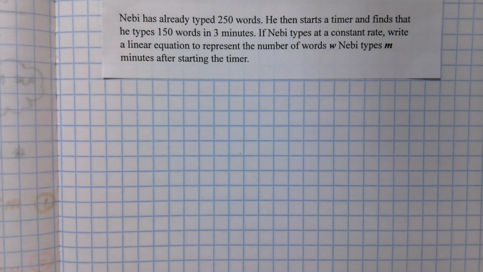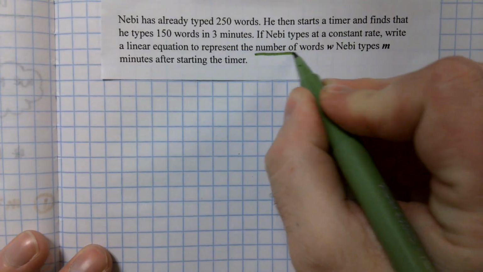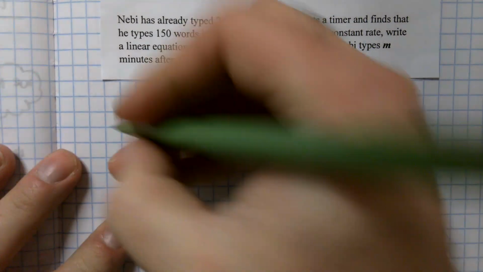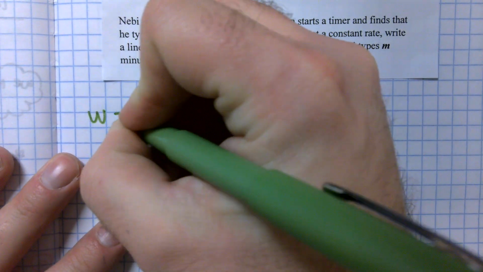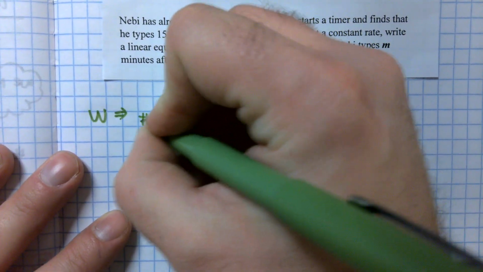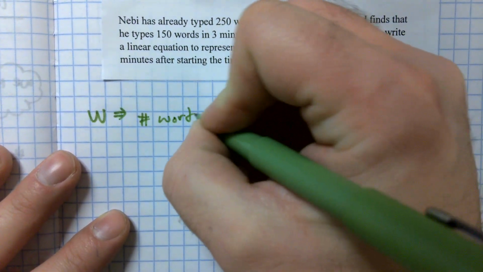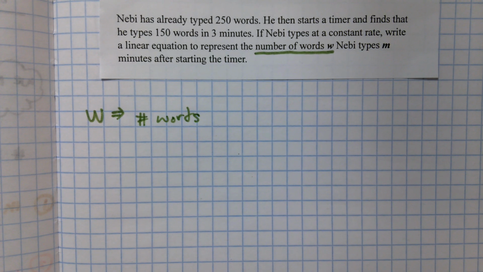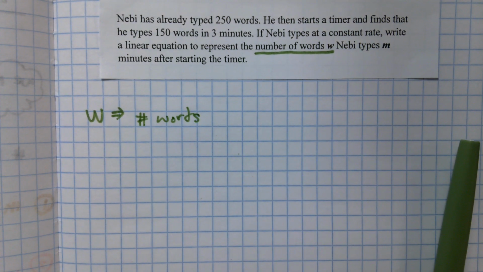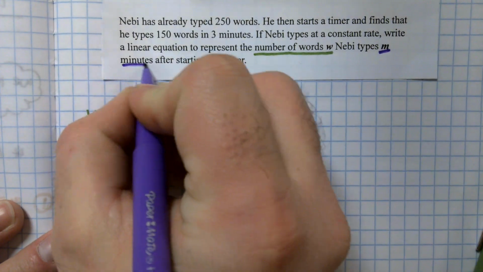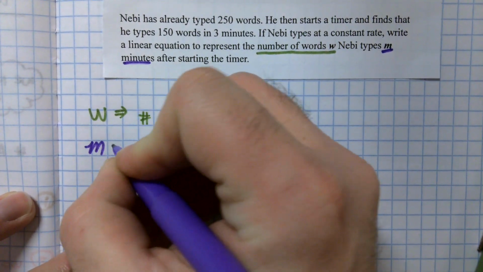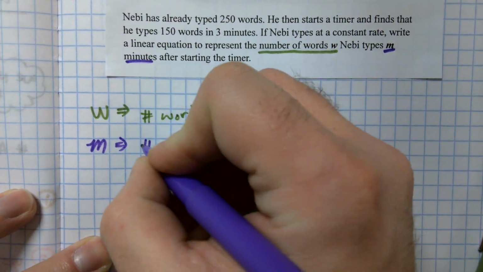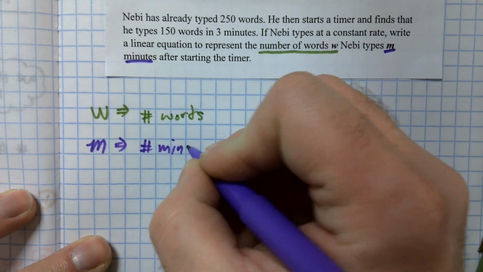First up is the number of words, W. So the letter W represents the number of words. And the letter M represents the number of minutes.